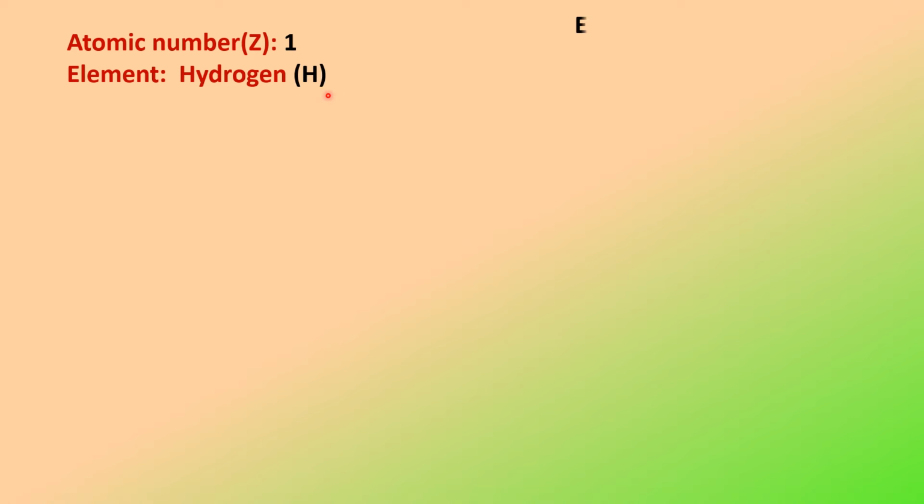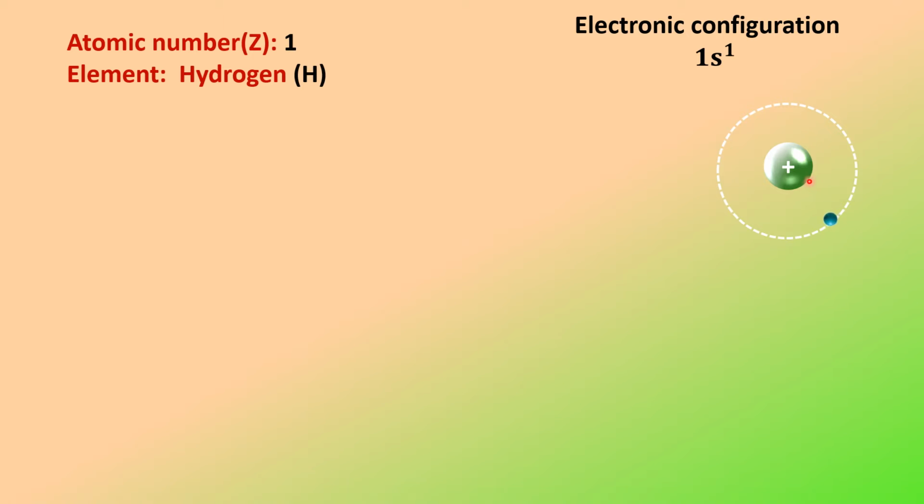The first element is hydrogen. Hydrogen's atomic number is 1, and its symbol is H. The electronic configuration for hydrogen is 1s1. It has only one shell, which has 1 electron. This is the nucleus and this is the shell.